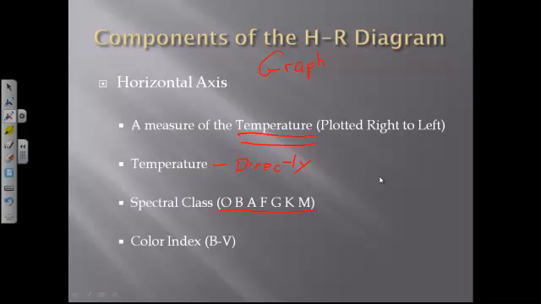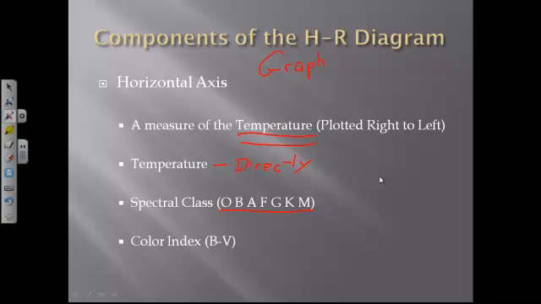So when we're looking at it, the highest temperatures are going to be on the left-hand side, the biggest numbers, and the coolest temperatures are going to be on the right-hand side. So numerically, the temperature actually decreases as you go along the x-axis, backwards from what we normally do in graphing. But that is the way the HR diagram works.